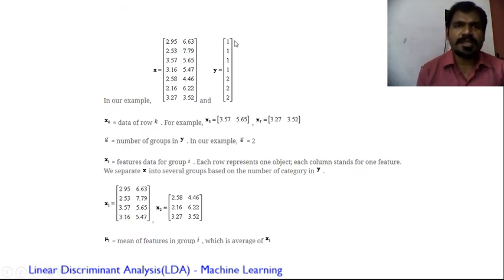The class is represented with values 1 and 2. 1 is passed, the first 4 are passed, and the remaining 3 are 2, that means not passed. Now we are trying to make groups. So we group all the passed data into one group, that is x1, and all the 2s, the not passed, into another group, x2. This is how we grouped.